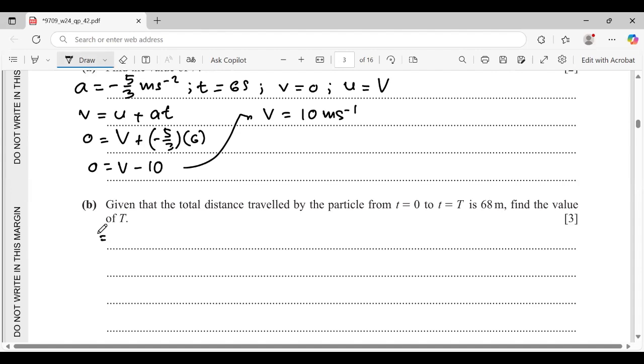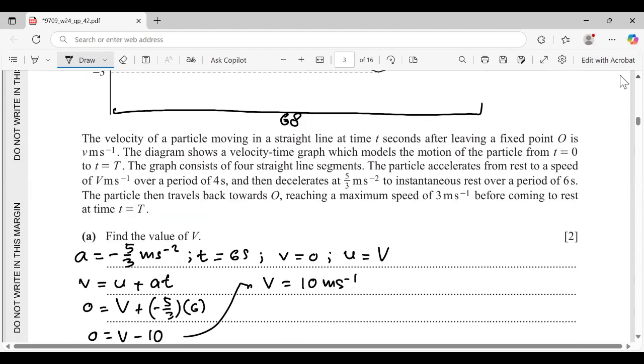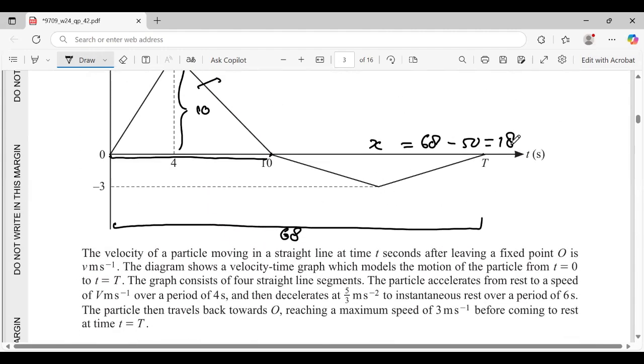1/2 times 3 times x equals 68 minus 50. So this is 3/2 x equals 18. So x equals 12, because 18 times 2/3. Sorry, actually this x equals 12.